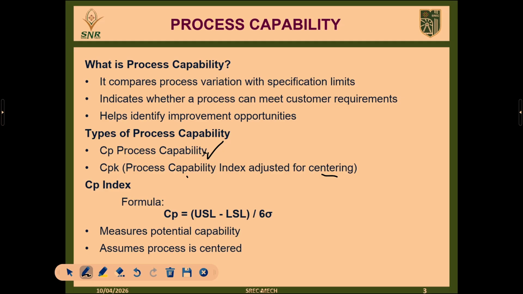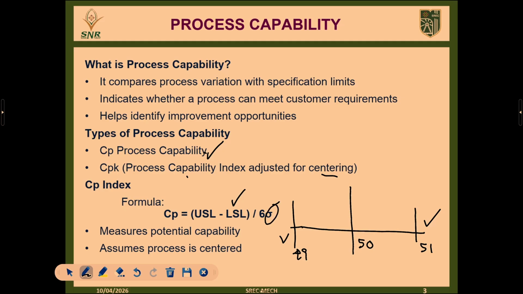Let us consider the process already we have discussed. So this is a mean of the process having the dimension 50 millimeter. Here upper specification limit is 51 millimeter. Again lower specification limit is 49 millimeter. So in this case CP equal to upper specification limit 51, lower specification limit 49, divided by 6 sigma.